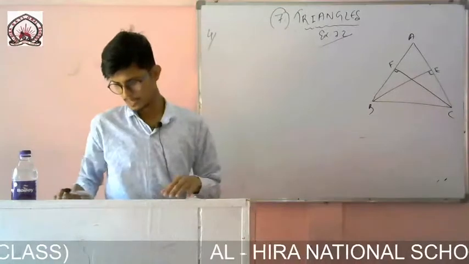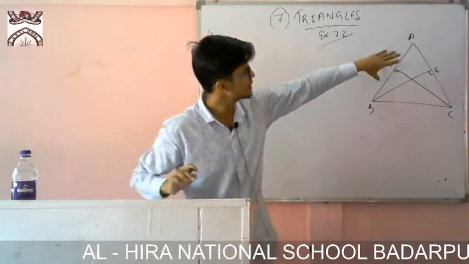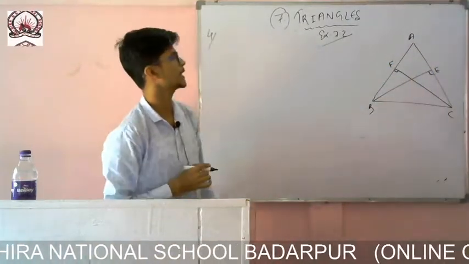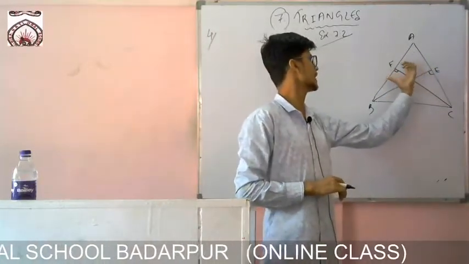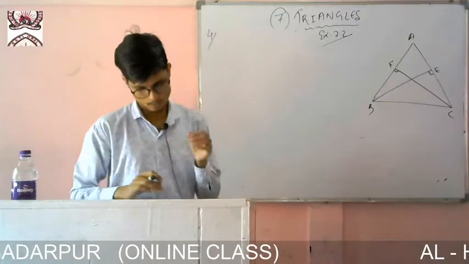You see here what is given. I just have to prove that triangle ABE is congruent to that one, and after that I have to show that AB is equal to AC. If I can show that these two triangles are congruent, then automatically I can write AB equals AC, because these are the corresponding parts of congruent triangles.